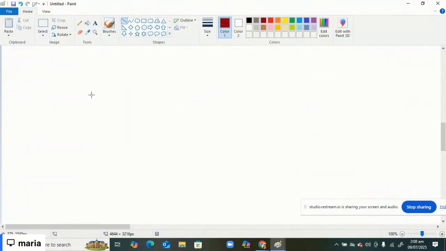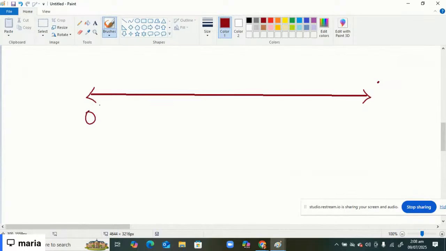Okay, here is your number line, and that is from 0, and this is your 1. And now here, 1, 2, 3, 4, 5, 6, 7, 8, and 9. And your w lies at this point.